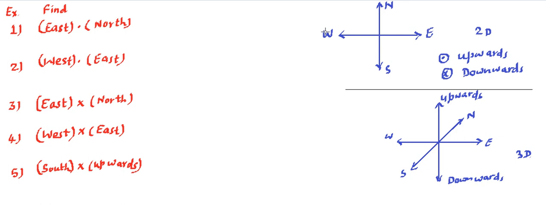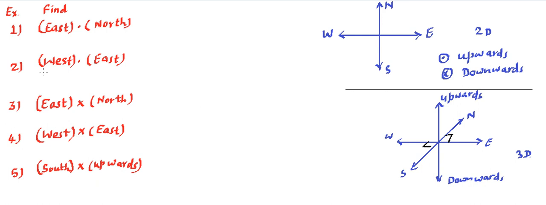Either a figure will be made like this or like this. So we need to understand what this means. This means north and south are perpendicular to each other in this way, and upwards is outwards and downwards is inwards. In this case, this is going to be a 90-degree angle, and this is going to be a 90-degree angle. So they are in this manner, 90 degrees.